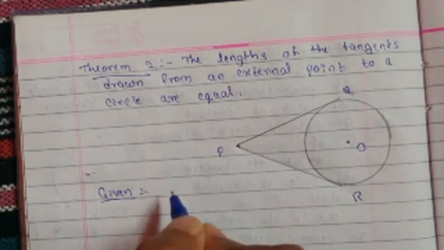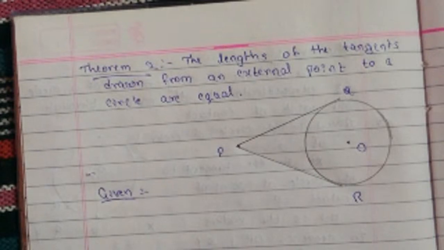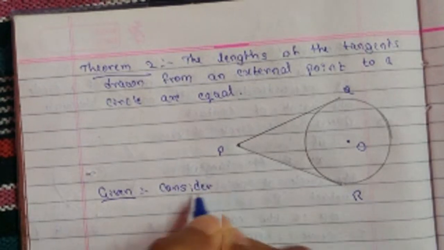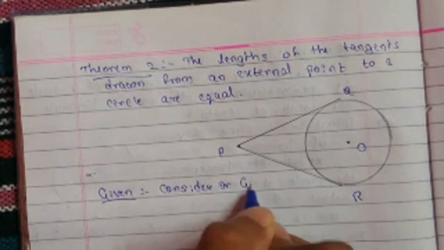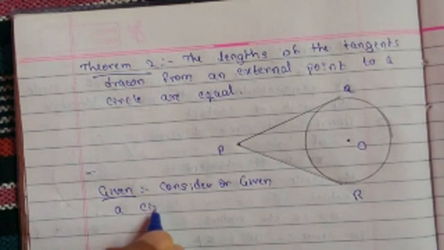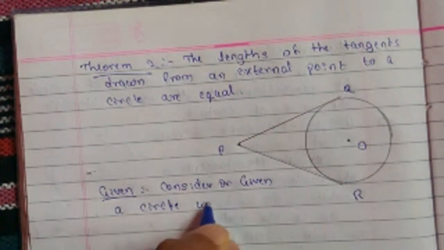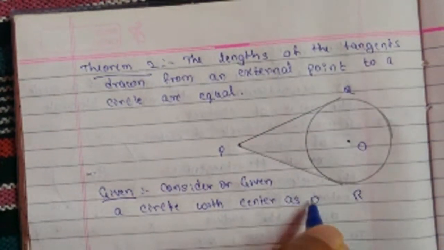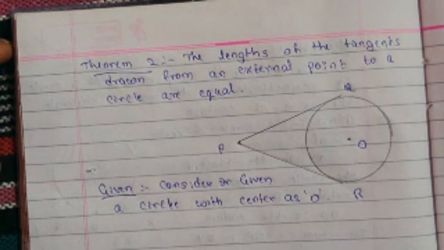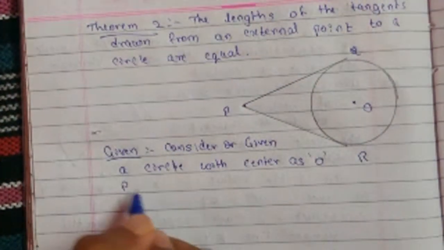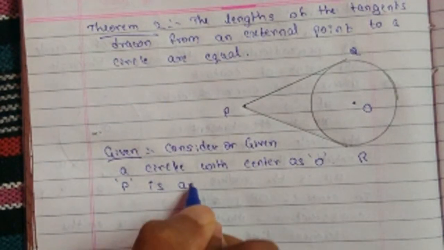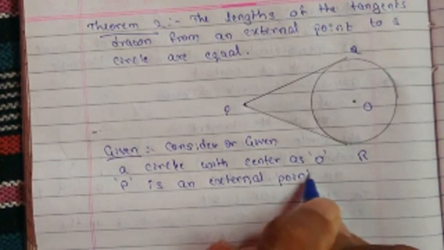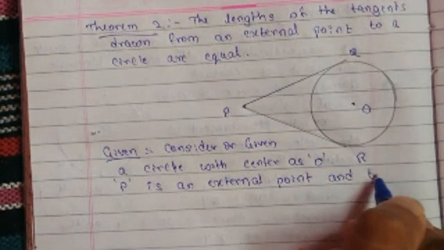So first, given: consider a circle with center as O, then P is an external point, and two tangents are drawn.